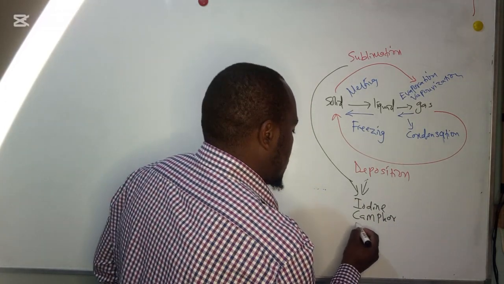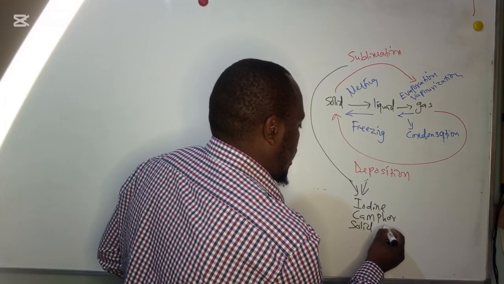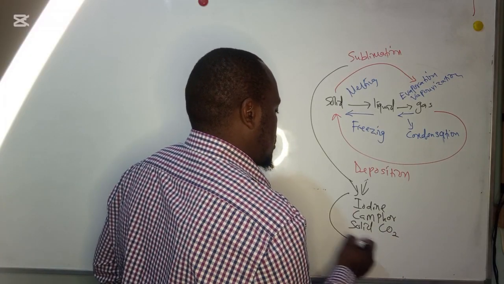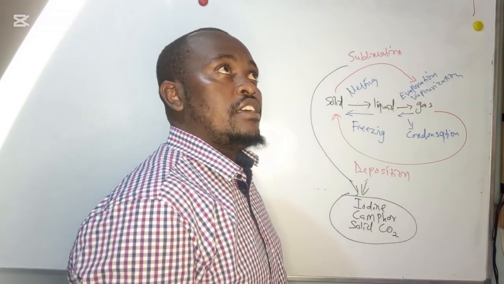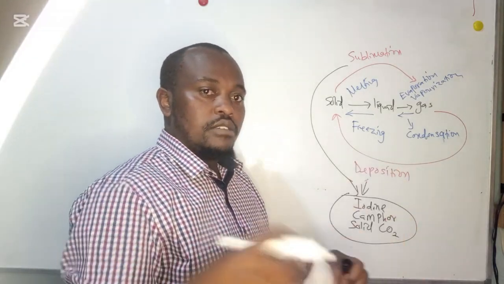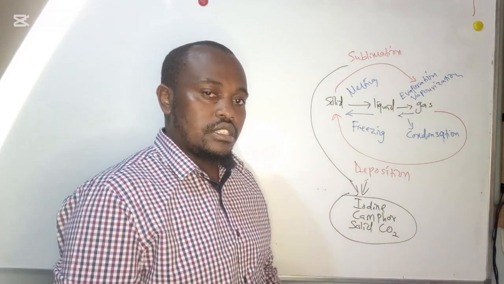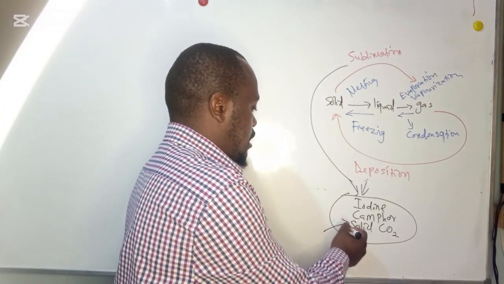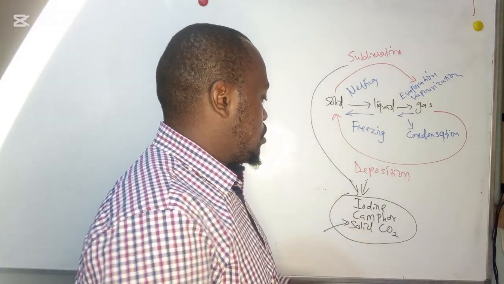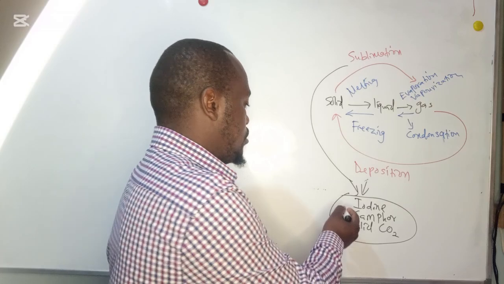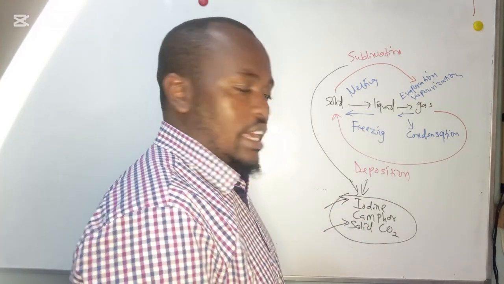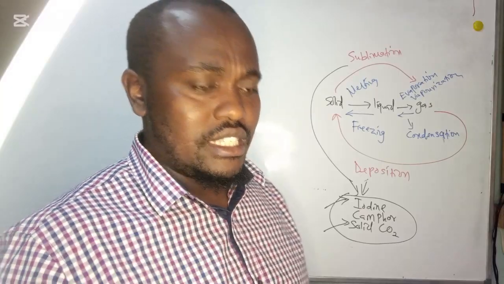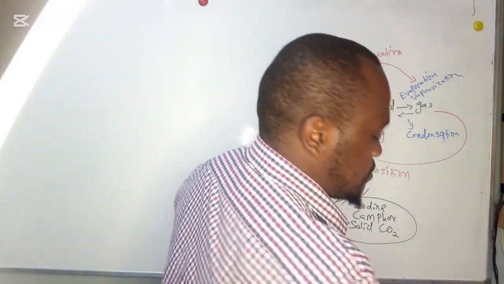The other one is solid carbon 4 oxide, solid CO2, that is used by vendors in the vendor's box when they sell ice cream and move around with that box. So the easier ones to know are iodine and solid CO2. Then you can talk of camphor, and there are several other substances you could read about.